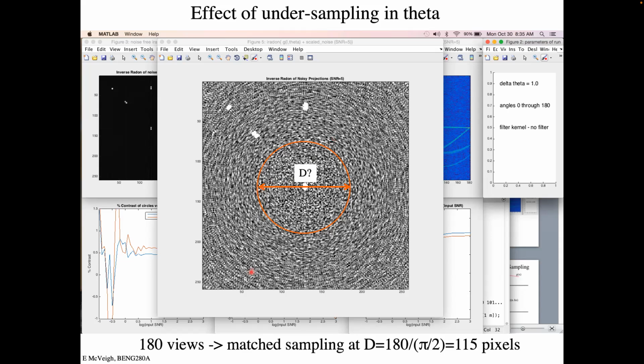Here, we know we have 180 views that have produced this picture, so that's fixed. So the question is, inside what diameter is that 180 views okay?